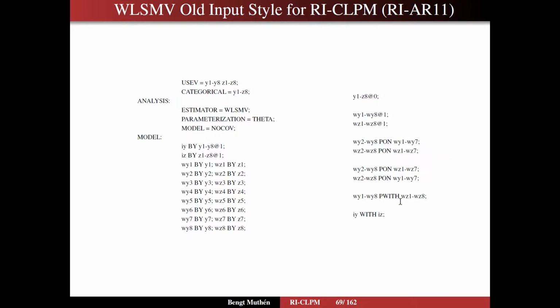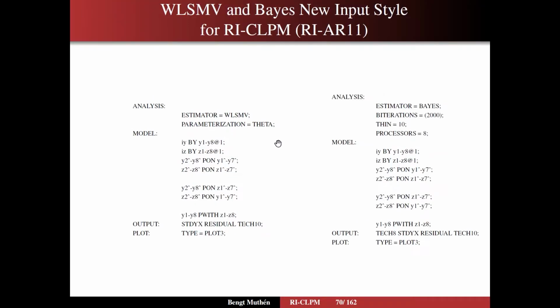That's the old style, but corresponding to the plot I just showed you, here's a new style. On the left for WSMV and on the right for Bayes. So for WSMV, you do the same definition of the random intercepts, but then you go straight to talk about the residuals.